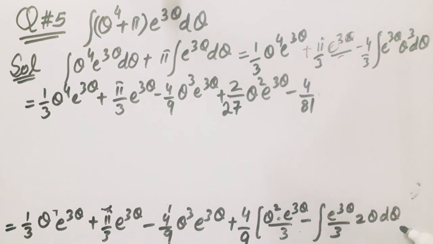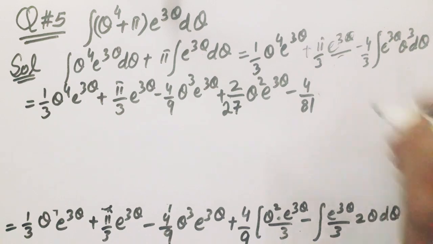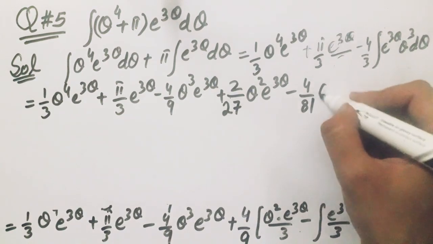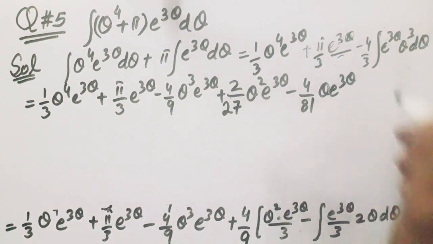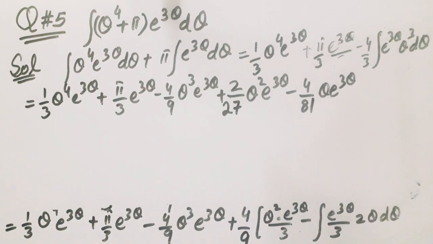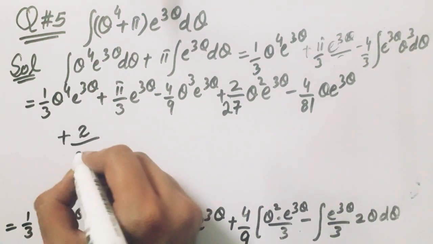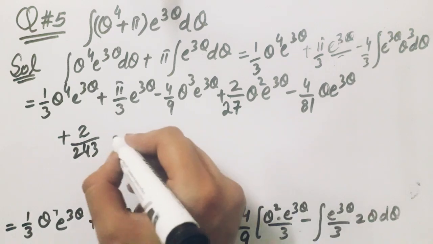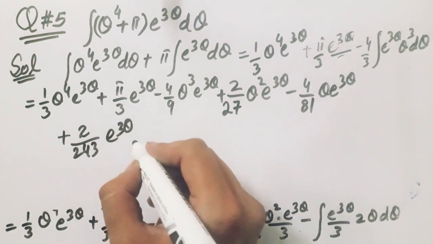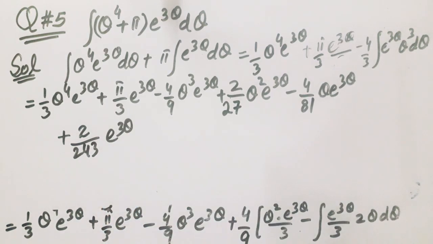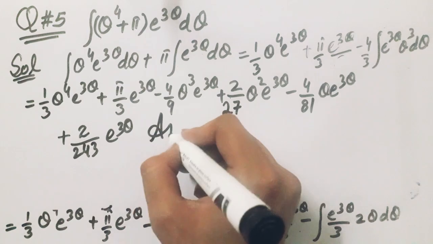So again by doing integration by parts of this we will get 4/81 θ e^(3θ) and then plus 2/243 e^(3θ), and this is the final answer of this question.